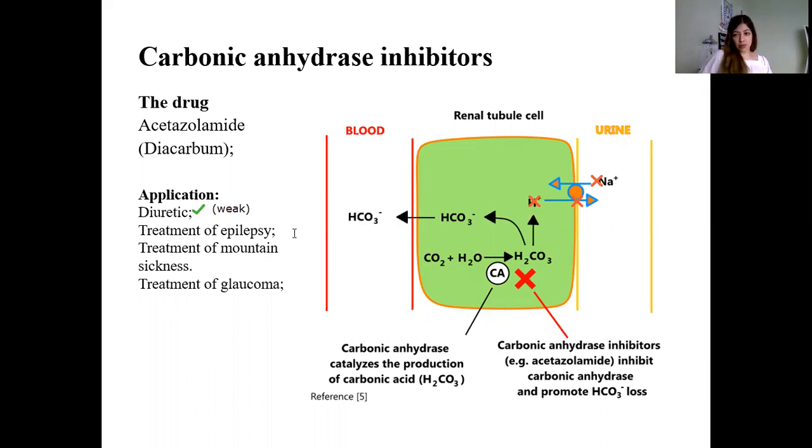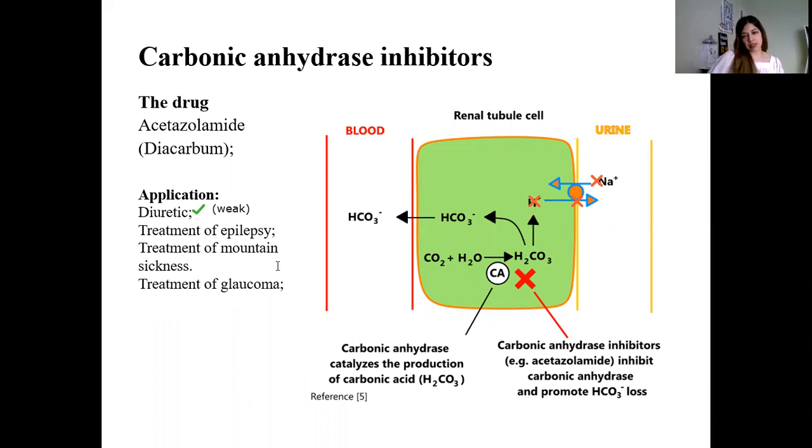Treatment of epilepsy also here is used for that. To make treatment of mountain sickness and treatment of glaucoma. Actually, from this treatment of epilepsy, we don't know the mechanism.